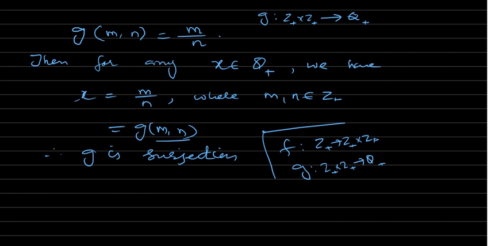So let's compose these two mappings. So it's g composition f. Now this g composition f is from Z plus to Q plus. It's also a surjection, because the composition of two surjection mappings is again a surjection.